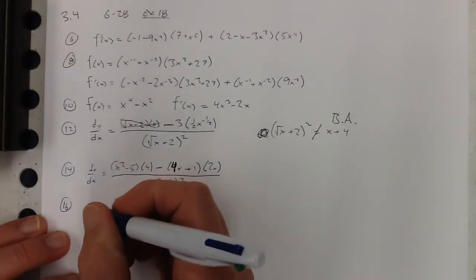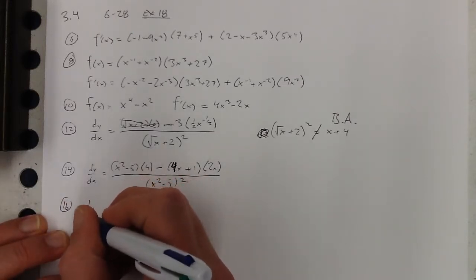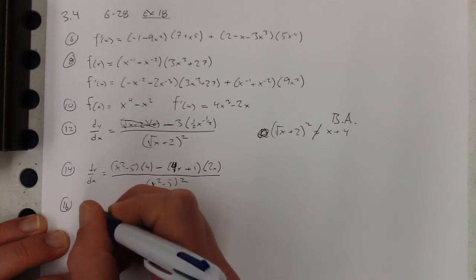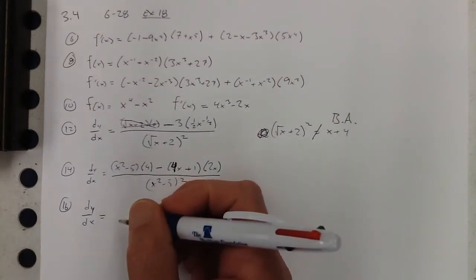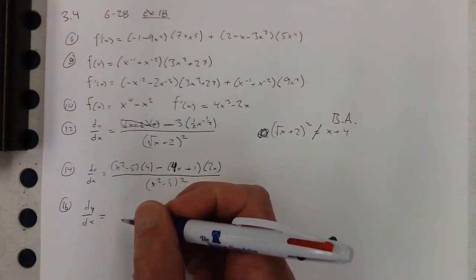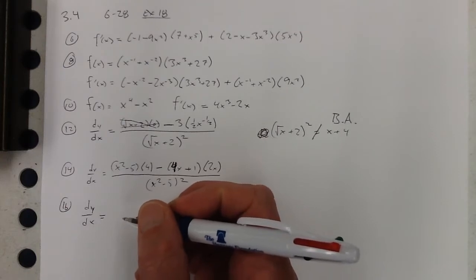All right, this is going to be interesting. So here it looks like I have a product, but one of the things inside the product is itself a quotient. So let's see if we can manage this okay. So ignoring what's inside the parentheses, I can clearly see I've got a product here.